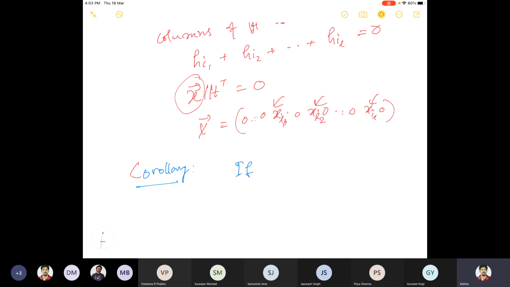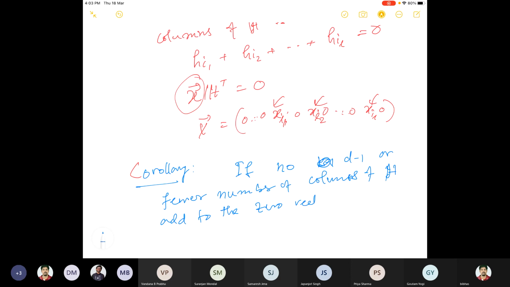So if, let's say, d minus 1 or fewer columns of H add to the 0 vector, then we can say the code has minimum weight at least d.